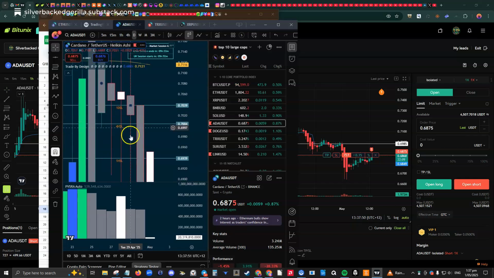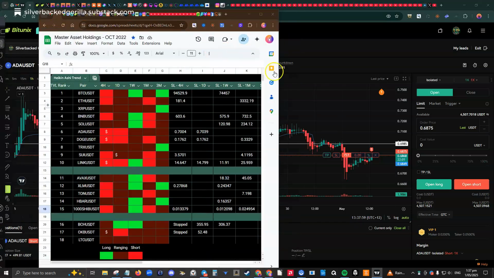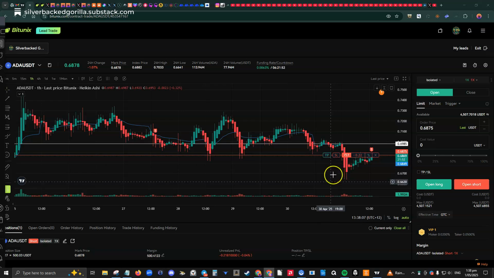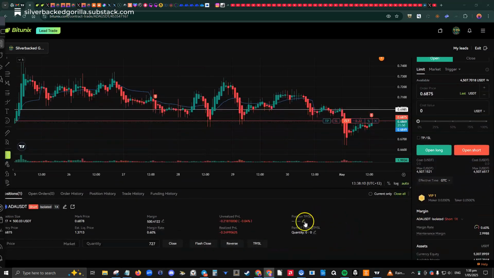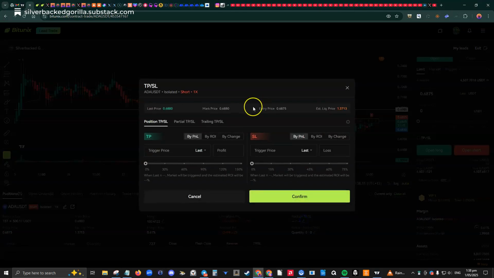I've actually just labeled them. There is a 4-hour stop loss, don't worry about that, that's for shorter time frames. But 70.39 cents is the level, and as you can see in here on ADA, 70.39 cents, same thing.